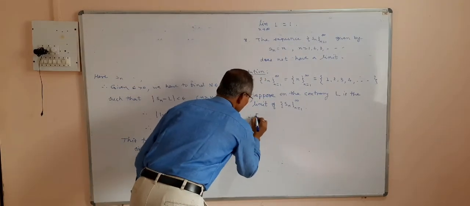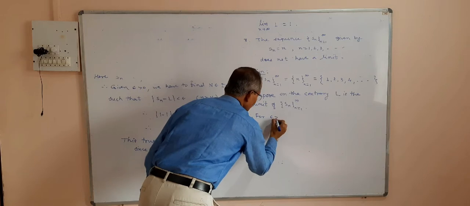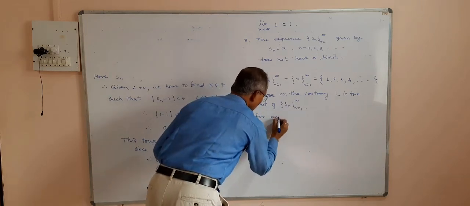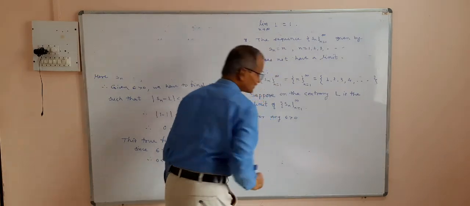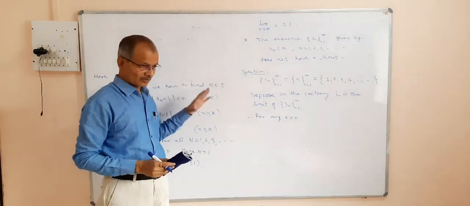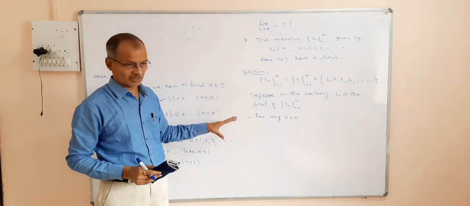So for given epsilon greater than 0, or for any epsilon, epsilon can be taken at our choice. As we have seen earlier, the condition is that it is a positive real number.